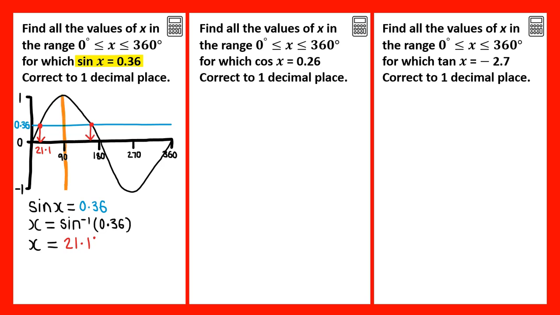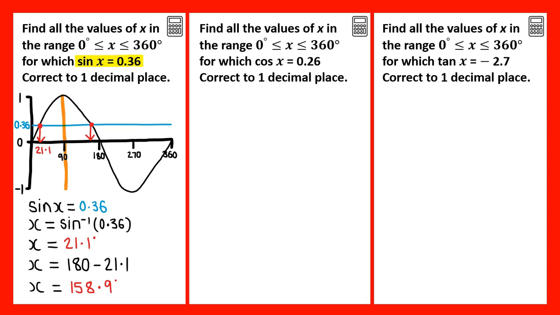Notice the curve has a line of symmetry about 90 degrees, so a distance of 21.1 away from 0 will be the same as a distance of 21.1 away from 180. So I can find my other solution for x between the range by doing 180 minus 21.1, which gives me another solution of 158.9 degrees to one decimal place.